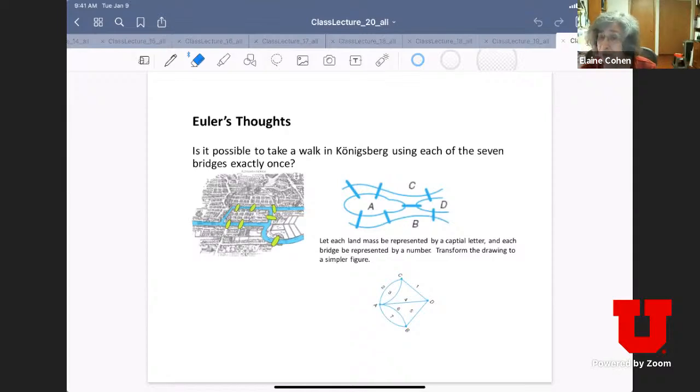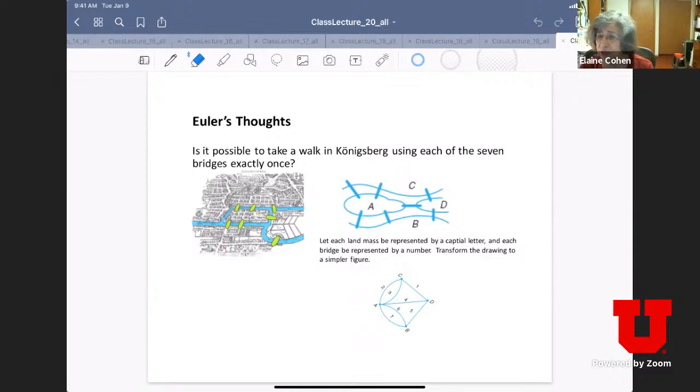And there are 7 bridges connecting these various land masses. And the question that he posed was, is it possible to take a walk in Königsberg using each of the 7 bridges exactly one time? You can go on the same landmass multiple times, but you can only cross each bridge once.